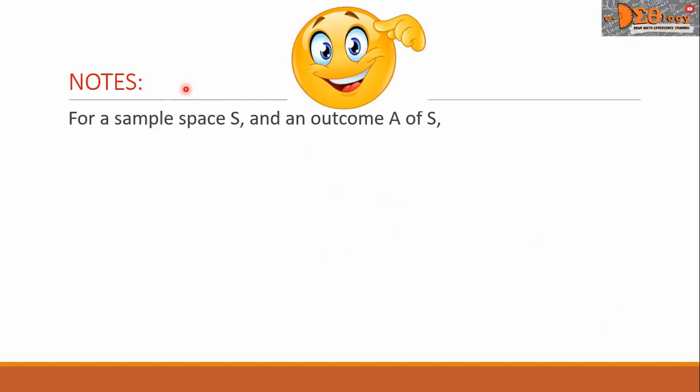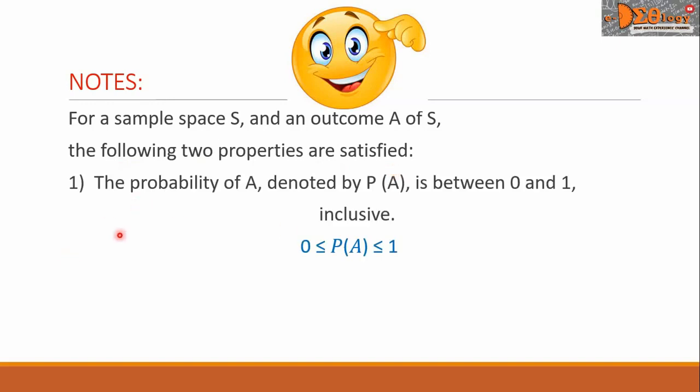There are notes here that we need to know. For a sample space S and an outcome A of S, the following two properties are satisfied. The first one: the probability of A, denoted by P of A, is between 0 and 1 inclusive.